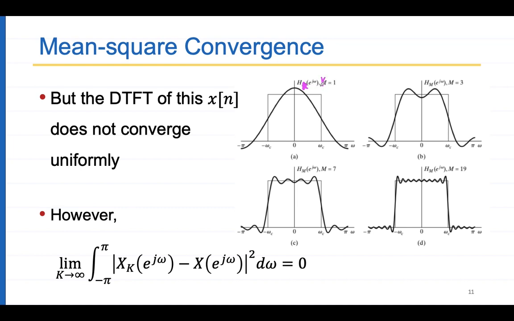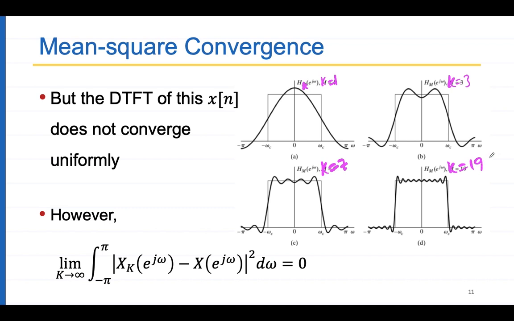So for K equal to 1, it will look something like this. You remember your expression of X_K, it will look something like this. But for K equal to 3, it will be something like this. If you keep increasing, K equal to 7, K equal to 19, you see that it becomes more and more like the function that is 1 between minus omega c to plus omega c and 0 otherwise.